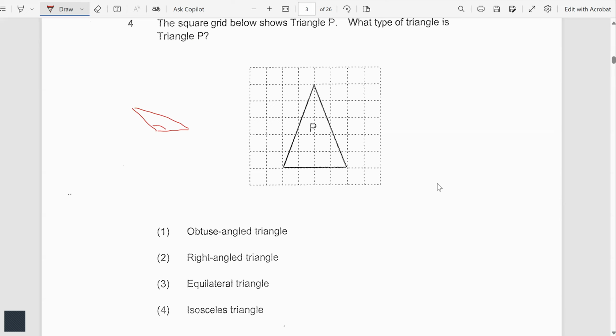That's an obtuse angle. But in this triangle, all the angles are acute. Right angled triangle means that you have a right angle, but this one has no right angle within the three angles. And third one, equilateral. Equilateral means all the sides are the same. This one is not. So answer is 4, isosceles, because it has two equal sides.